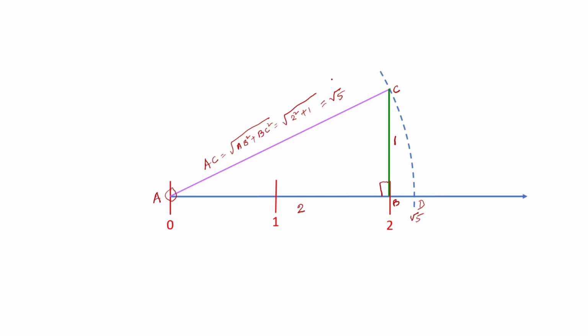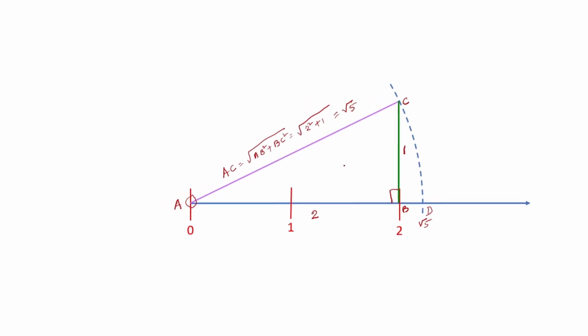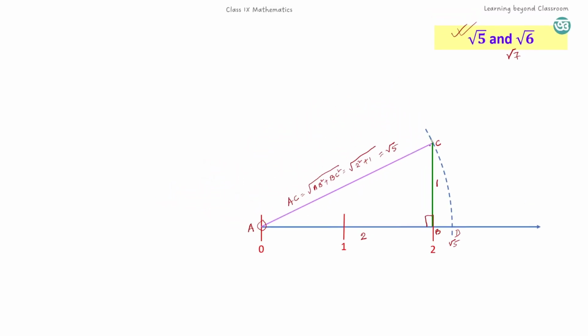Now for root 6, you draw a line at point C perpendicular to AC, and this length is 1 unit. Suppose this point is E. Now join AE. Now you see ACE is a right angle triangle.